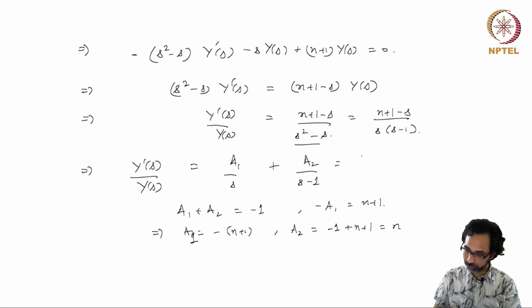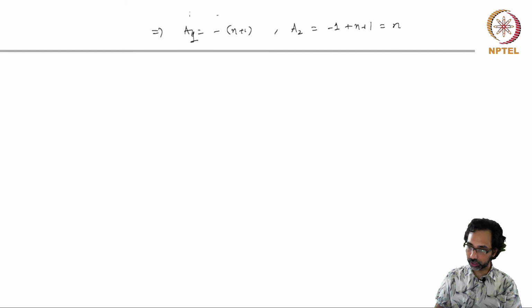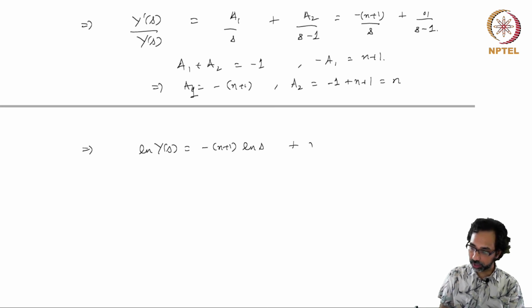So therefore we get minus (n plus 1) over s and then plus n over s minus 1. So we can solve this equation. We get ln Y(s) equals minus (n plus 1) ln s plus n ln (s minus 1) plus some constant of integration c.